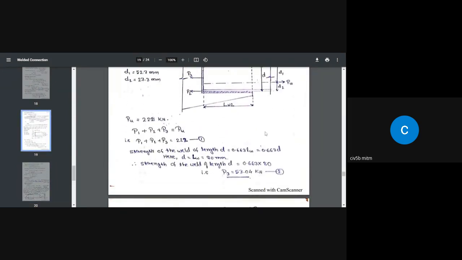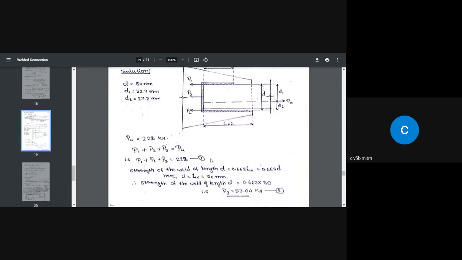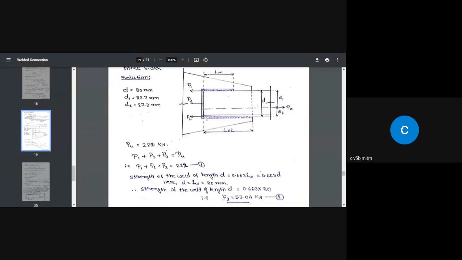Okay. Coming to this, strength of the weld of length D equal to 0.663 LW, just like in the previous example. So here D equal to LW equal to 80 mm. We know the length of the weld on this side and also the size of the weld.